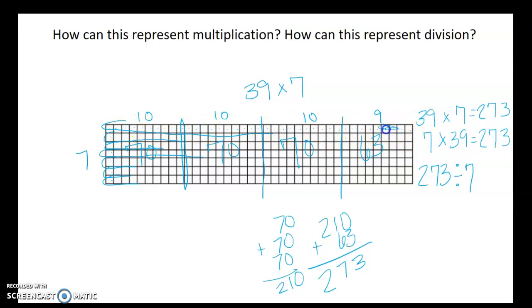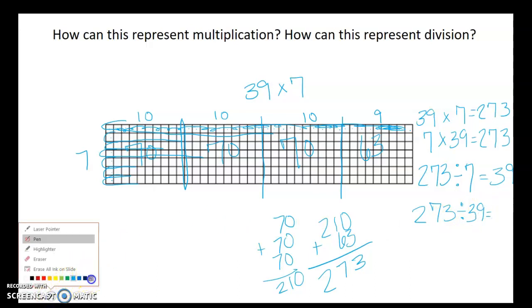This whole row right here would become a group together. Okay? And if I did that, I would end up with 39 in each of my groups. Or I could do it the opposite way and say, okay, I want to split it up into 39 groups. And if I split it up into 39 groups, this would be a group, 1, 2, 3. All of those would be groups all the way across, and I would end up with 7 in each of them. And that's okay too.